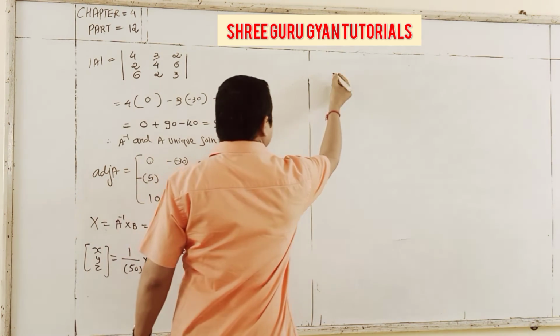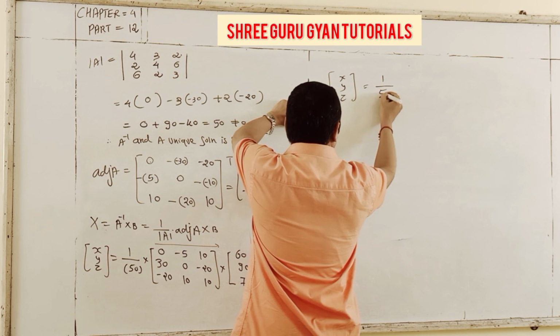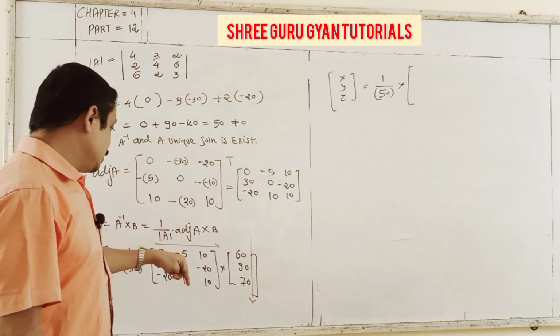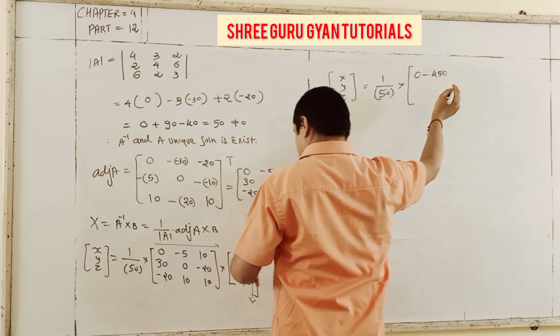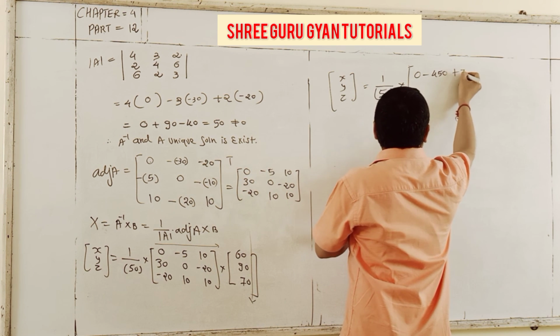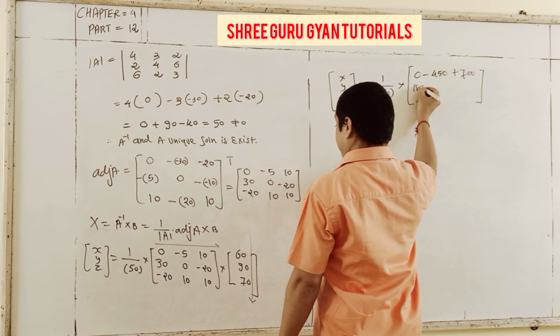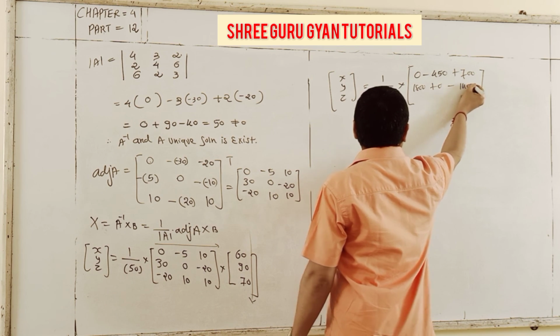So x, y, z equals 1 by 50 times the product. First row: 0, then 9 times 5 is 45, 450, plus 700. Next row: 6 times 3 is 18, 100, plus 0, minus 7 times 2 is 1400.